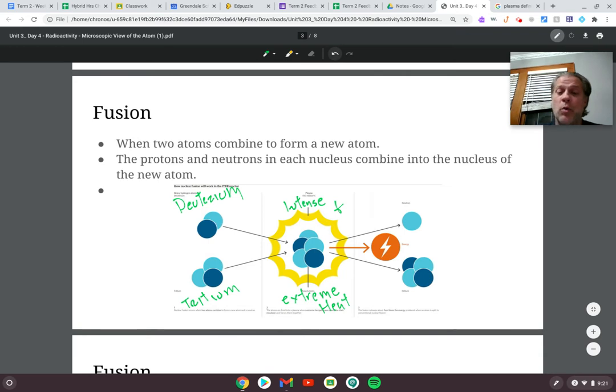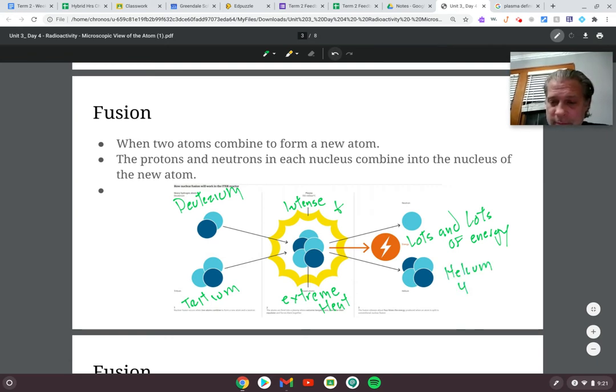Then when the heat is released or given off in the form of energy, a stable atom is produced in terms of fusion. In this case, it's helium.